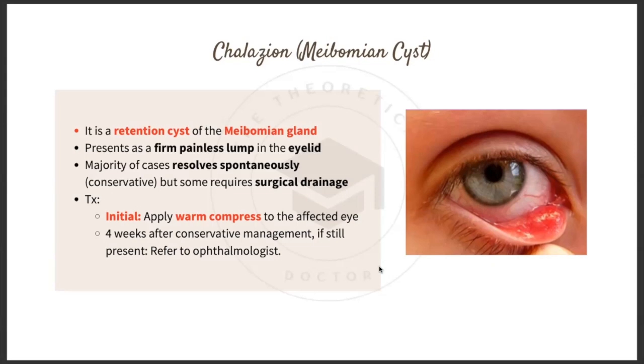But sometimes if it occurs again and again, or it does not go away, then that's when it requires surgical drainage. So the initial treatment would be to apply a warm compress to the affected eye. After 4 weeks of conservative management, if it's still present, then refer to an ophthalmologist.